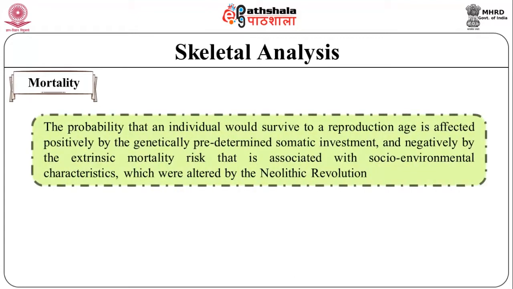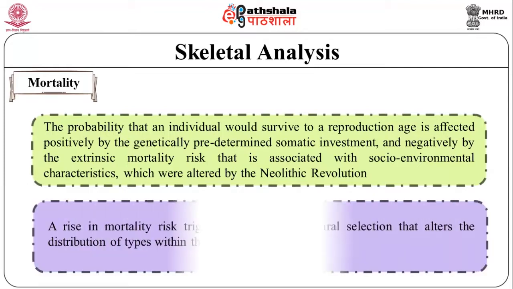The probability that an individual would survive to a reproductive age is affected positively by the genetically predetermined somatic investment and negatively by the extrinsic mortality risk that is associated with the socio-environmental characteristics which were altered by the Neolithic revolution.